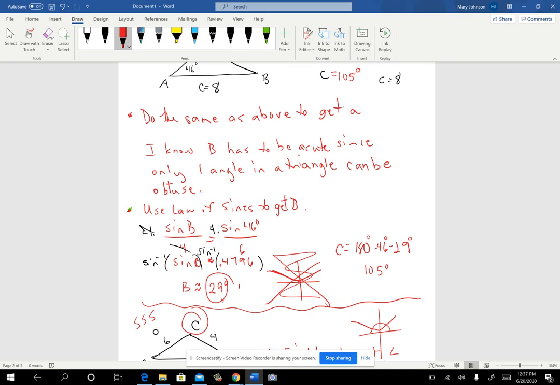Okay. So use the law of sines to get the next smallest angle, or the remaining angle that's the smallest. Okay, all right, so let me stop this.